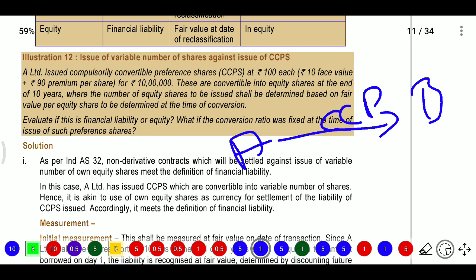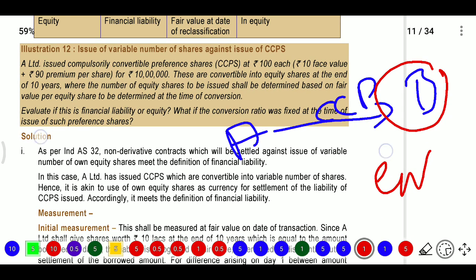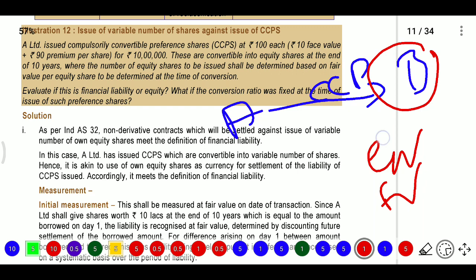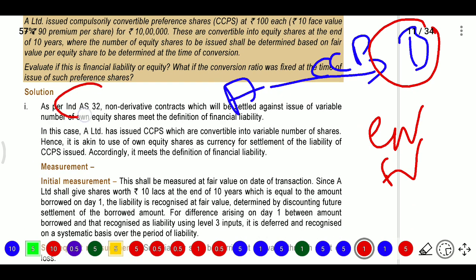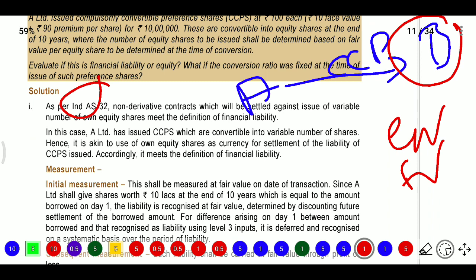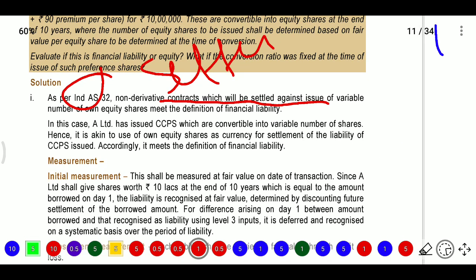So these preference shares will convert into equity, and the number of shares to be issued shall be determined based on the fair value of equity shares at the time of conversion. Evaluate whether this is a financial liability or equity, if the conversion rate was not fixed at the time of issue of such preference shares. As per Ind AS 32, a non-derivative contract which will be settled against the issue of a variable number of own equity shares meets the definition of financial liability.